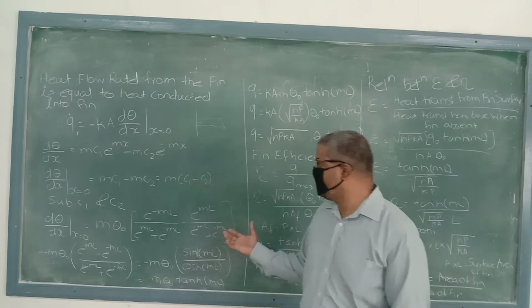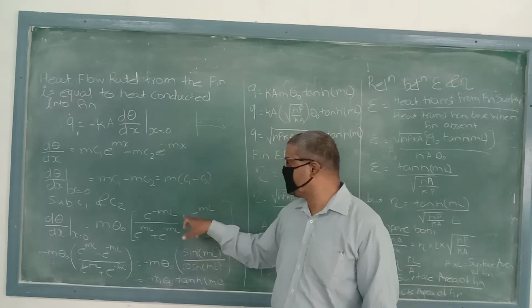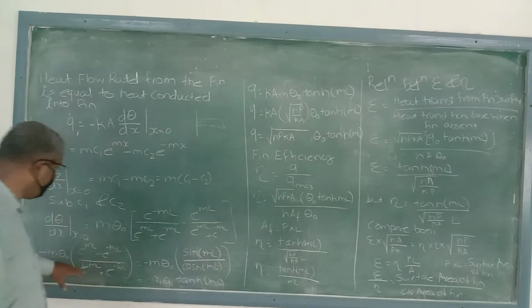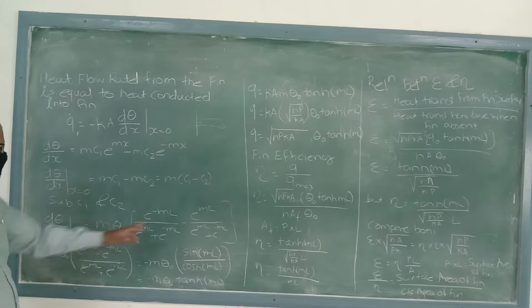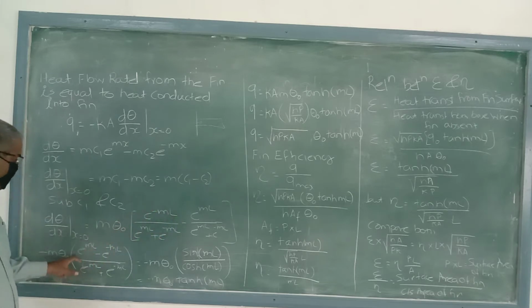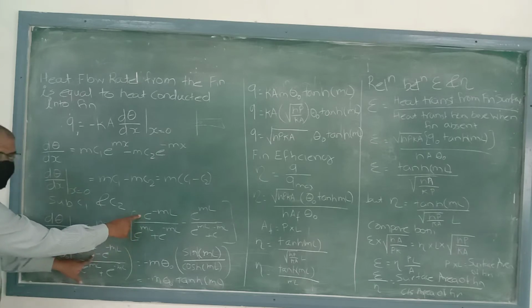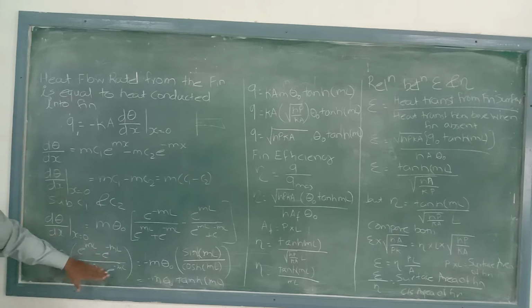Now when we solve this, the base is the same, so the numerator becomes e raised to minus ml minus e raised to ml. We take the negative sign common outside the bracket, so the sign inside turns positive: e raised to ml minus e raised to minus ml, with the base as it is, e raised to ml plus e raised to minus ml.